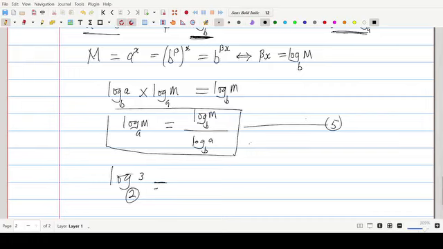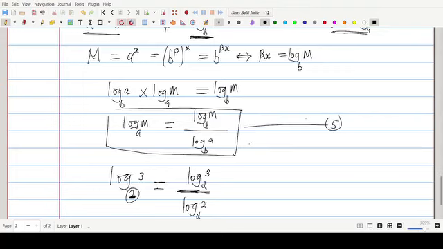Let us change to a suitable base, say alpha. This should be written as log to the base alpha of 3 divided by log to the base alpha of 2.